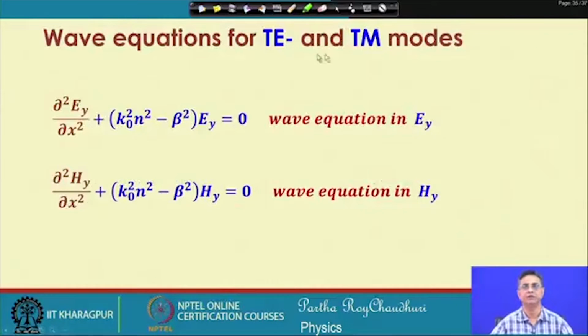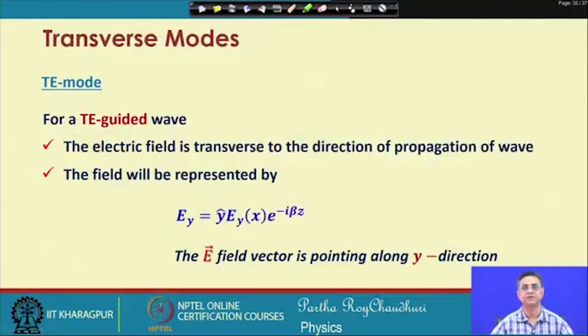For the TE and TM modes, by now it is very clear, if it has to represent a TE mode, then it is the electric field component which will satisfy this equation, and for the TM mode it is the magnetic field component which will satisfy this equation. These equations are valid for the homogeneous medium, each of the homogeneous layers which constitute the structure.